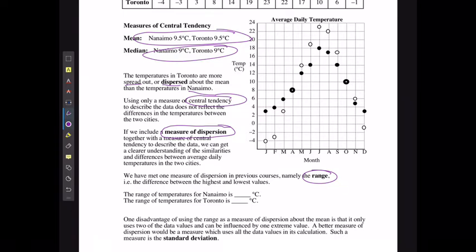So in this case, if we're talking about the range of temperatures in Nanaimo, going from the lowest temperature that it has to the highest temperature that it has, it goes from 3 up to 18, or has a range of 15 degrees. For Toronto, it goes as low as -4, but as high as 23. This one has a range of 27 degrees.